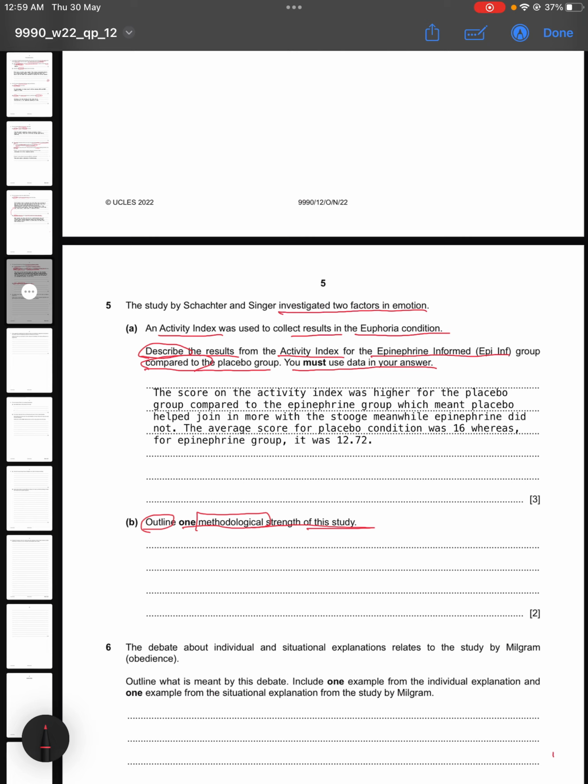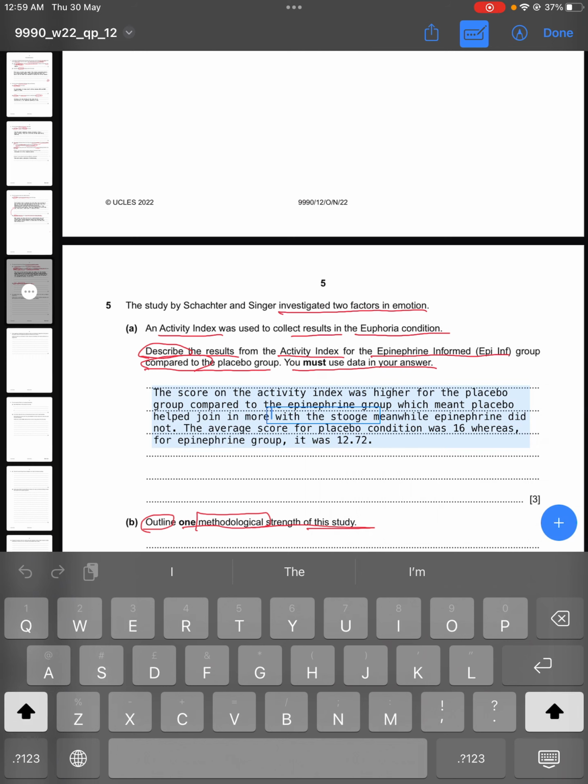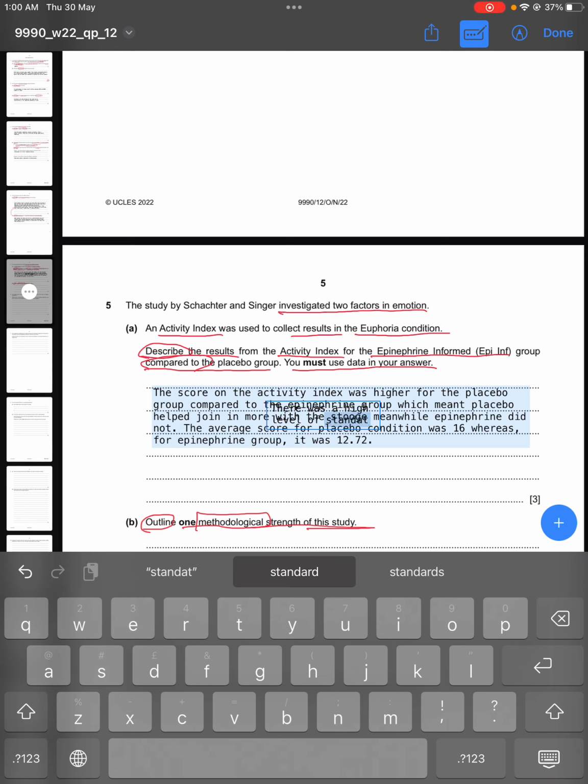So let's say I can write that there was a high level of standardization, so replicating the study is easier, which also allows for retest reliability. You need to focus on the procedure part of the study.